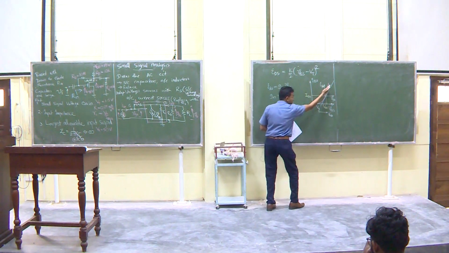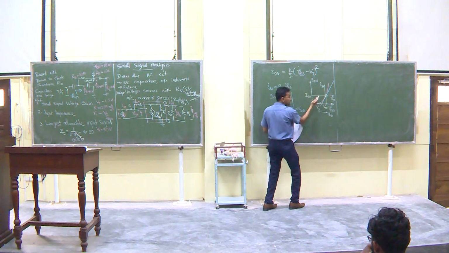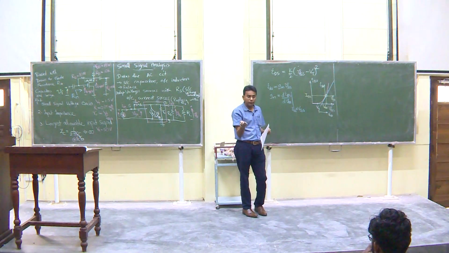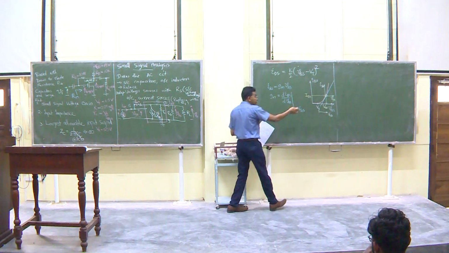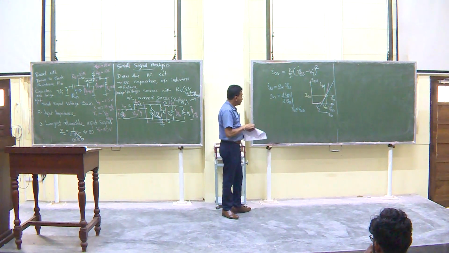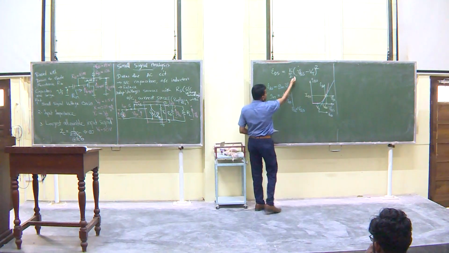Slope at that point. Obviously, if you change this location here, it's going to have a different slope, so a different gm, right. So we are only looking at the gm at this operating point, only around that small area, right. So it's easy to differentiate this.